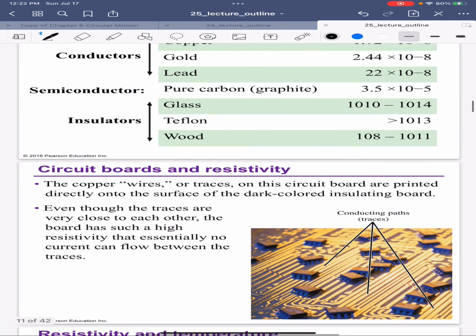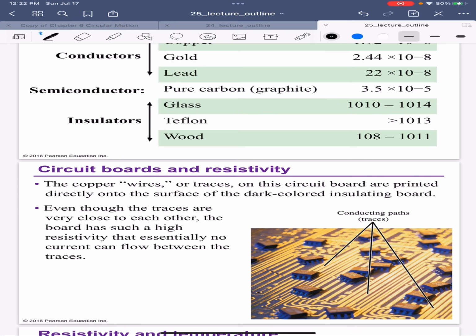Now, circuit boards and resistivity. We are going to work with one of the boards in this coming lab, Coulomb's law. We usually use copper wires because it's cheaper and it has other good properties. They can be easily made into wires.